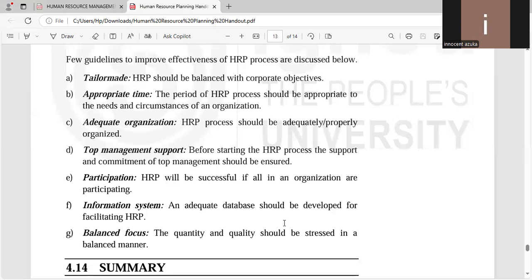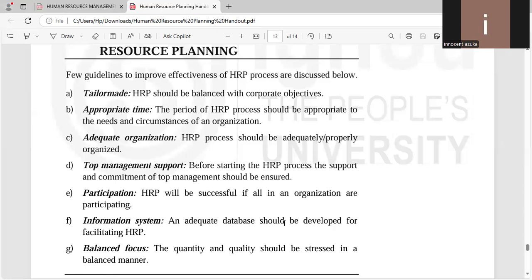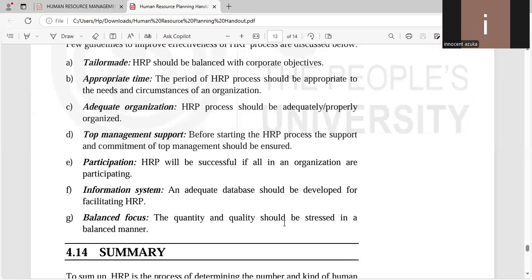Top management support is another guideline you should consider. Before starting the human resource planning process, support and commitment should be ensured. Participation: human resource planning will be successful if all in an organization are participating.